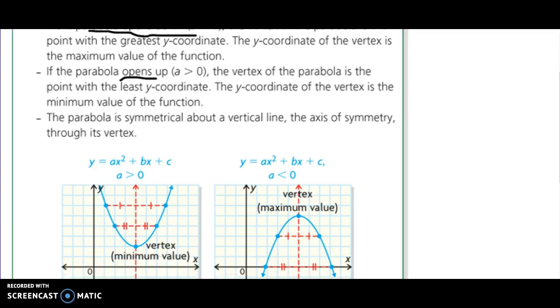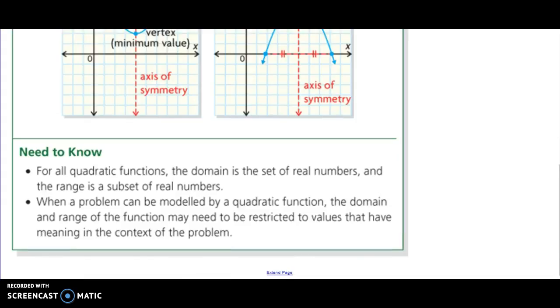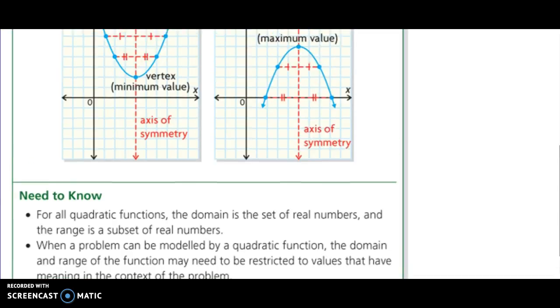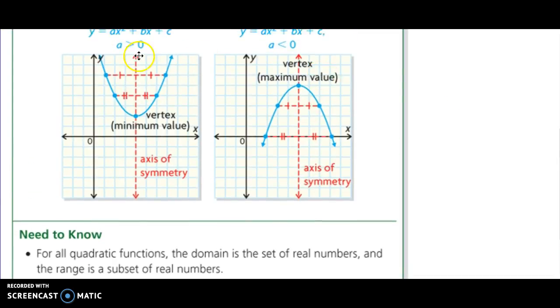In the need to know section, for all quadratic functions, the domain is the set of real numbers and the range is a subset of real numbers. If you're looking at the domain, you're always looking at your x values. These parabolas can extend on and up and go as wide as we don't know.